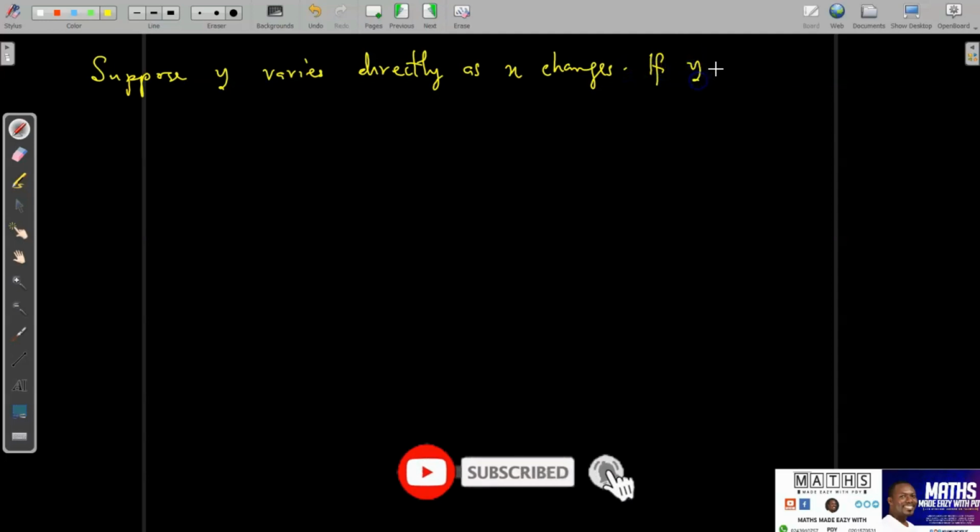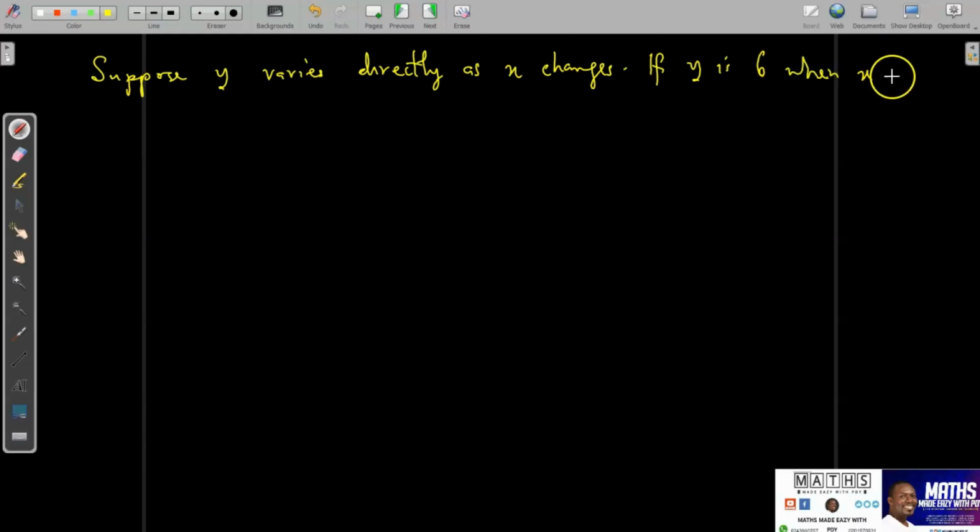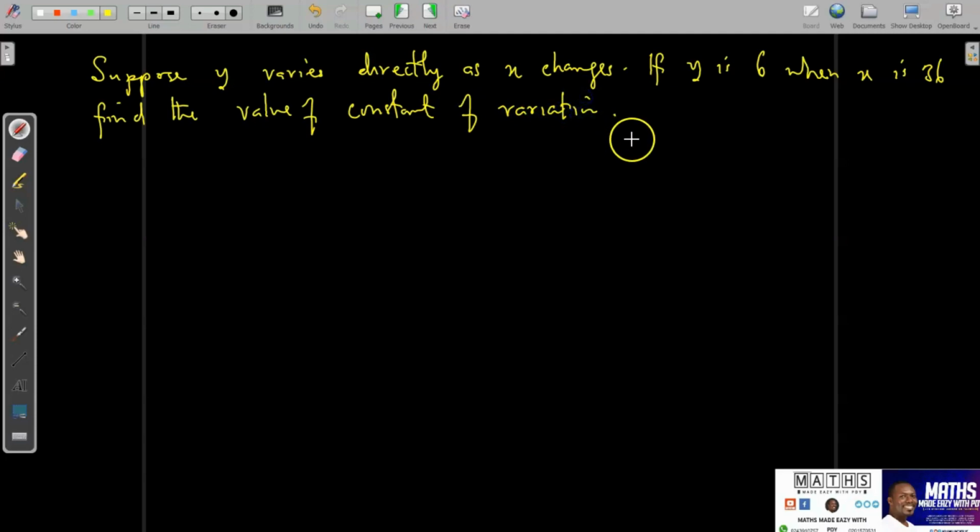If y is 6 when x is 36, find the value of the constant of variation. Find the value of the constant of variation.